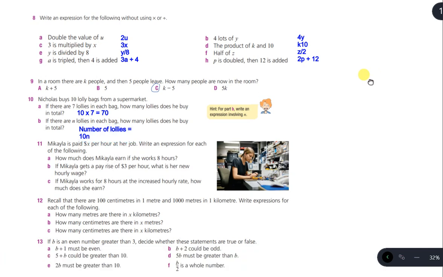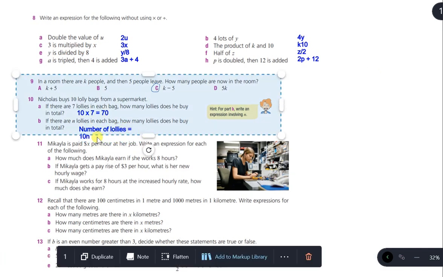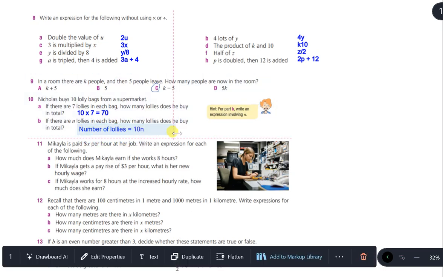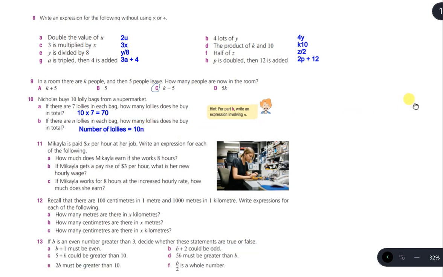So by that means 10 times however many lollies are in each bag, and it says there's n, so whether n stands for 5, it's 10 lots of 5, or n stands for 10, it's 10 lots of 10. However many lollies are in each bag, 10n will give us the answer for that one. Alright, let's just keep going.